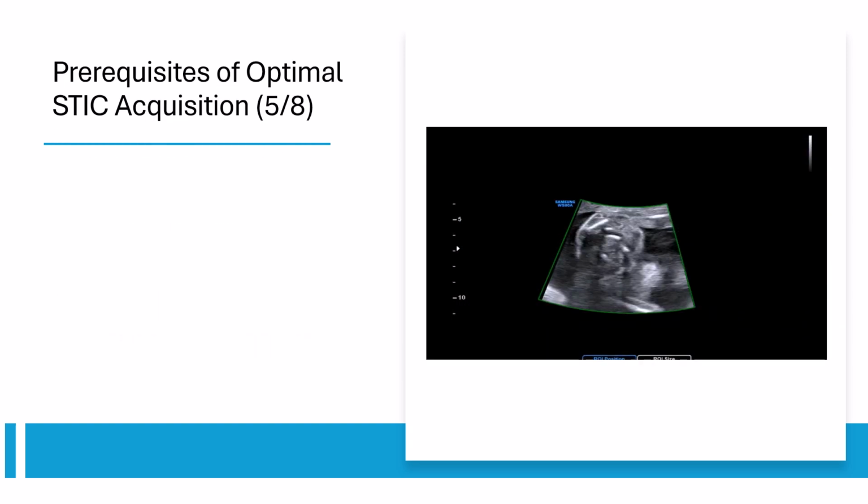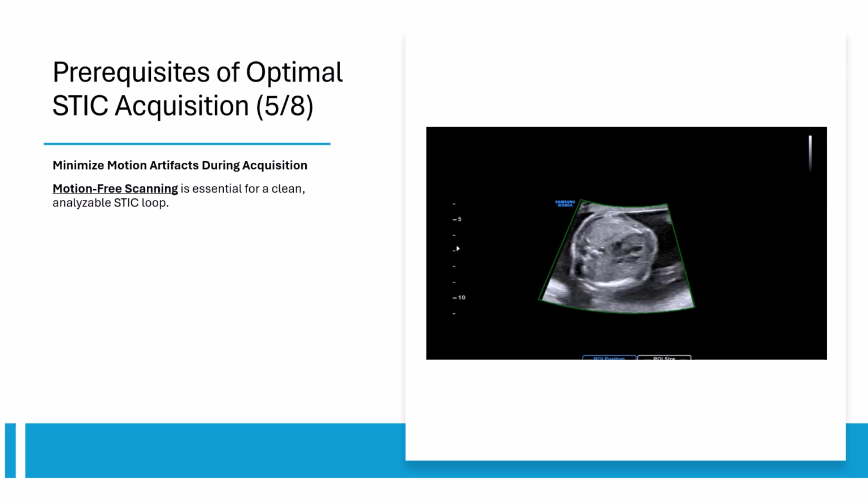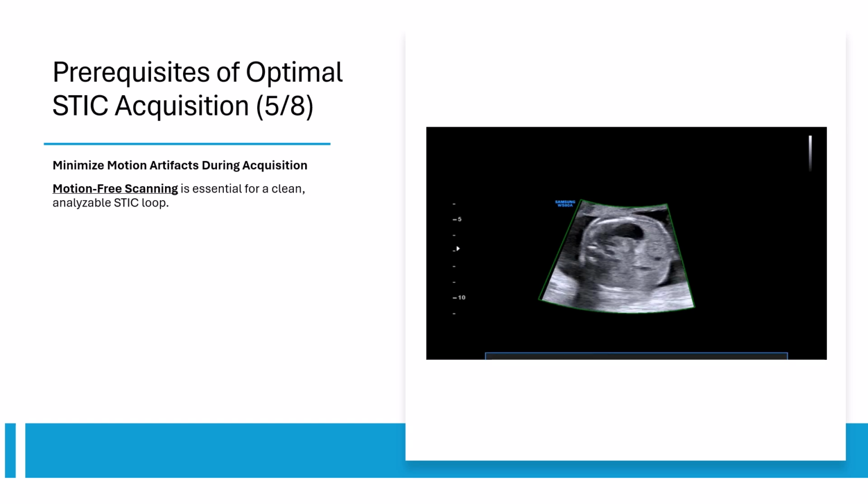Minimizing motion artifacts during acquisition is crucial for obtaining a clean and analyzable STIC loop. Common sources of motion artifacts include maternal movements, fetal breathing or gross fetal movements, and fetal turning or repositioning during acquisition.